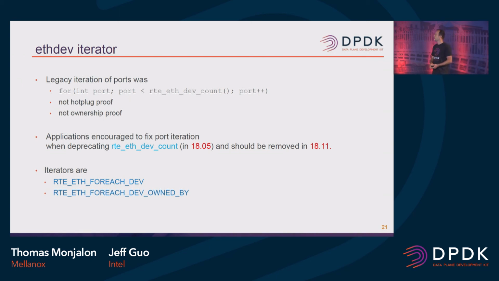So now we have a new system with a new macro, which is eth for each dev. It's only for ethdev. And because of that, the function ethdev count will be removed. There is an equivalent one, but it will enforce every application to switch to the new eth for each macro.